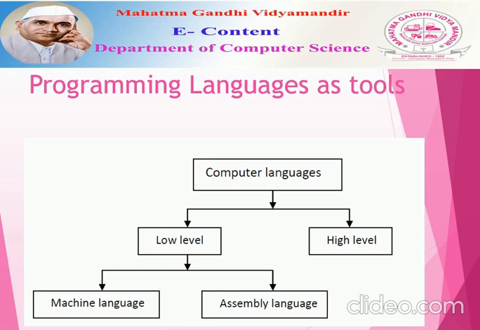Programming languages can be used as a tool for solving problems using computers. A computer language is a tool for communicating with the computer. A program consists of a set of instructions to the computer, and the types of computer languages are shown in the diagram.